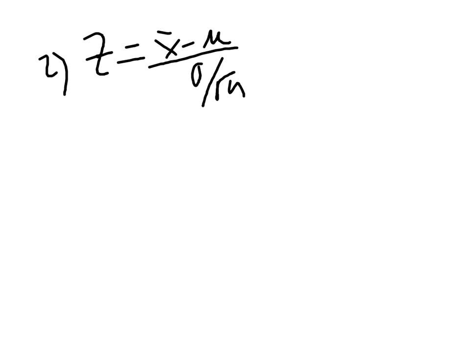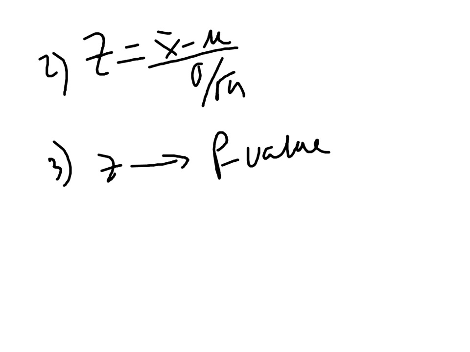And then step 3 says change the z-value to a p-value. And then, of course, step 4 says make the decision as to reject or not, and the last step is to summarize the results.